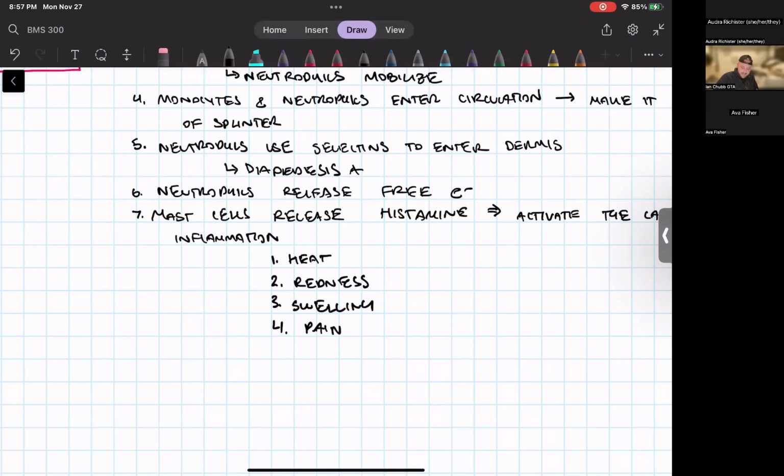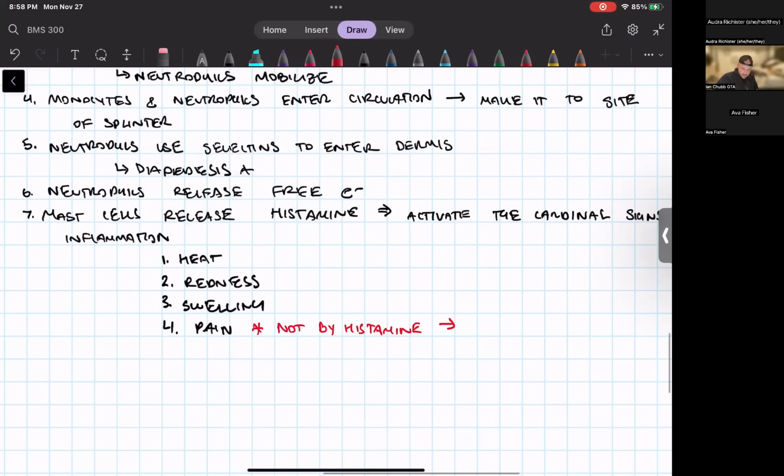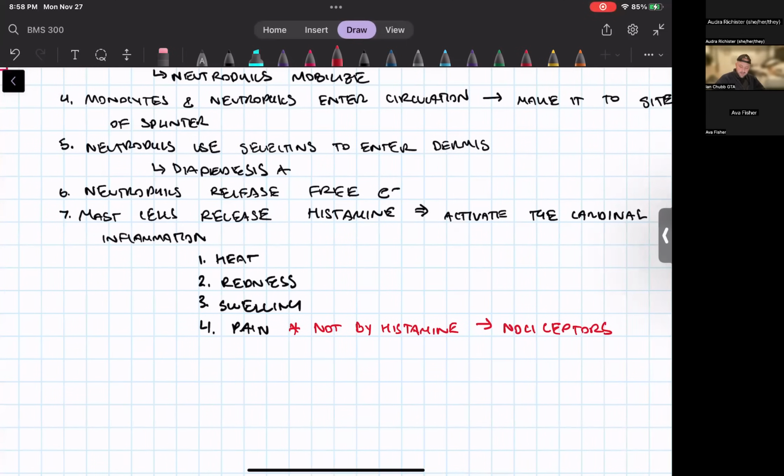So pain is the only one that is not caused by histamine. This is going to be due to nociceptors or pain receptors, right? So we'll have some pain receptors on there, but not caused by histamine. All the other ones are caused by histamine.